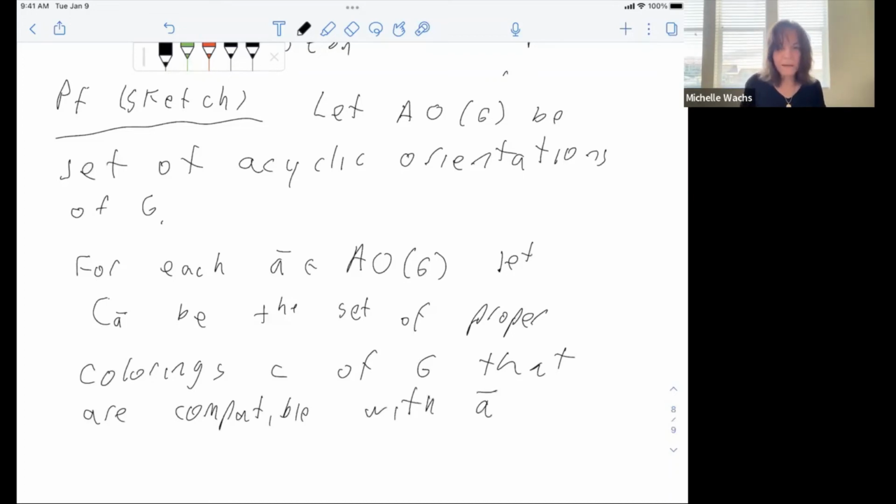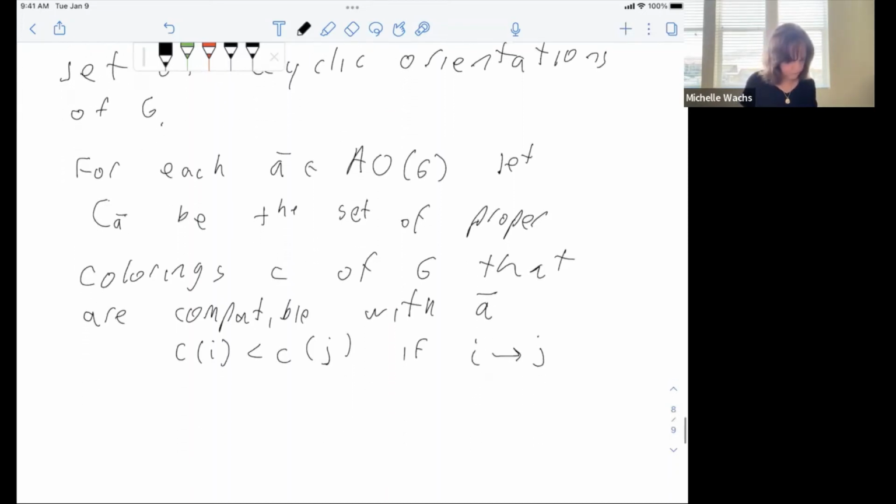By compatible, I mean that C_i is less than C_j if there's an edge from i to j. So the coloring goes up if there's an edge.